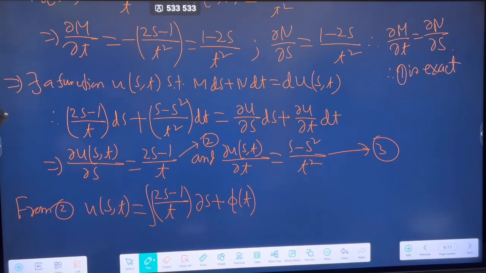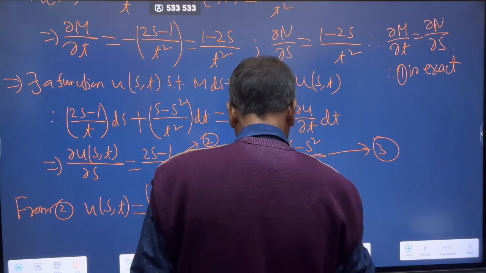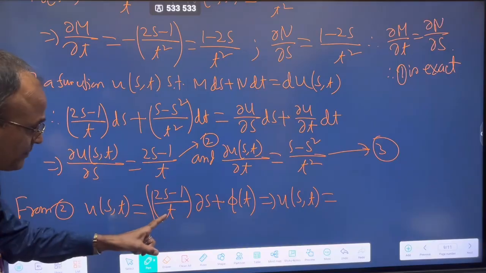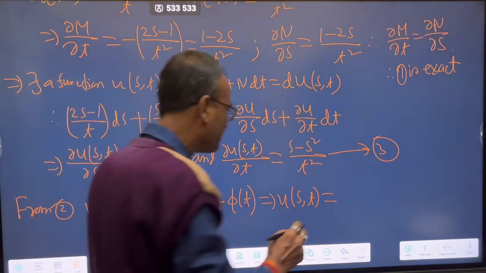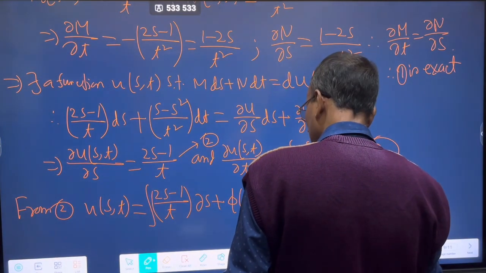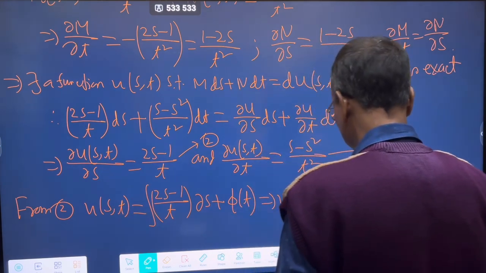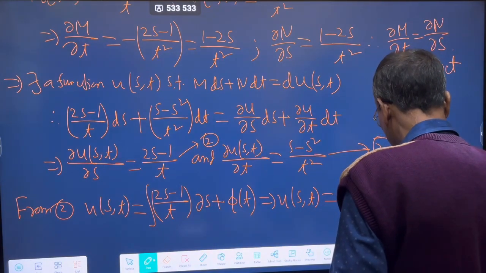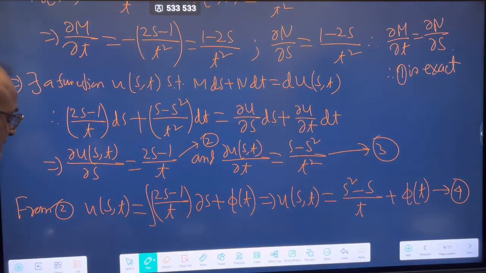This means u of s and t equal to, with respect to s, treating t as constant, s square minus s divided by t plus phi of t. Suppose this is number 4.